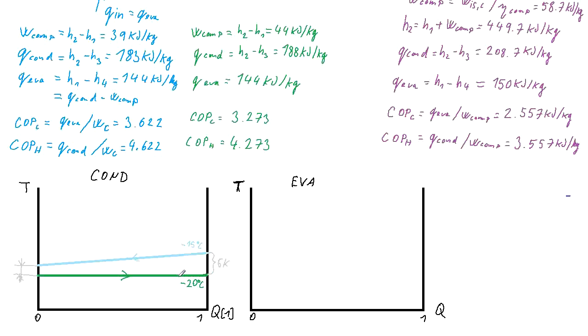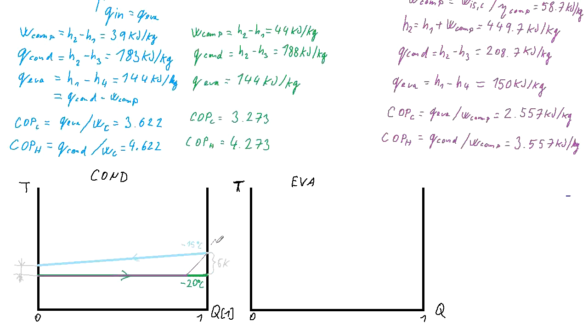Now let's also see what happens if we have the purple cycle. Because the purple cycle had superheating at the compressor inlet, 5 kelvins. So actually the temperature profile will look like this.